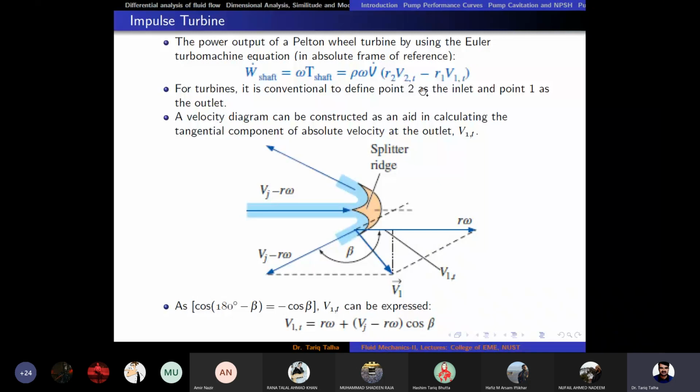So the only thing left now is just to put these values. Here we can put the value Vj, and instead of V1T, we can put R omega plus Vj minus R omega cos of beta.